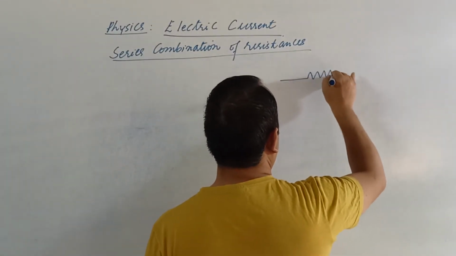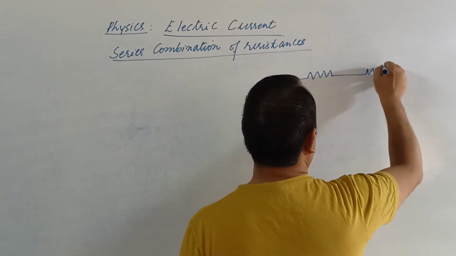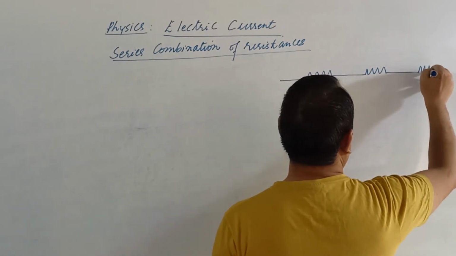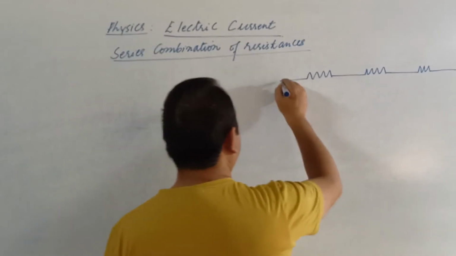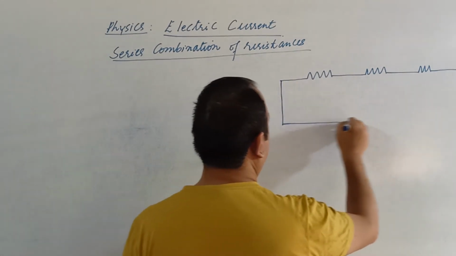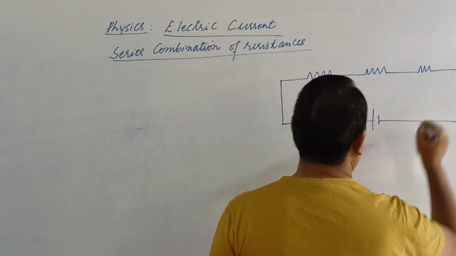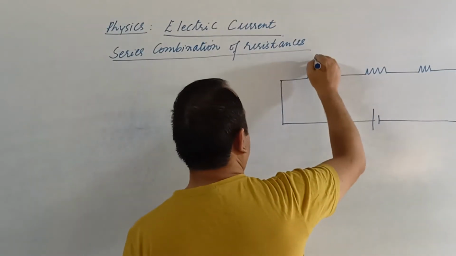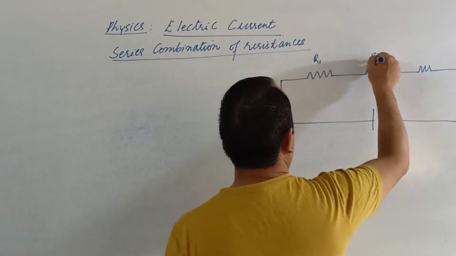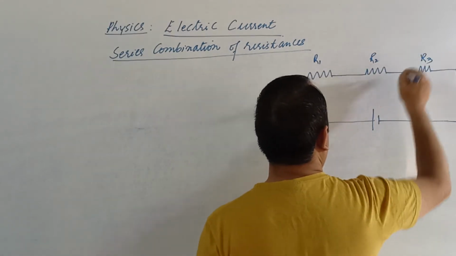Let us consider three resistors which are connected in series. Let the resistance of the first resistor be R1, the second one R2, and the third one R3.